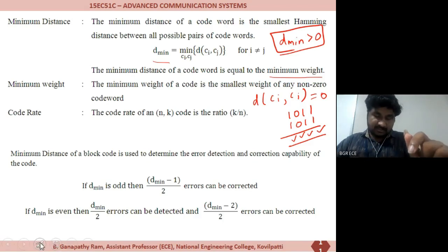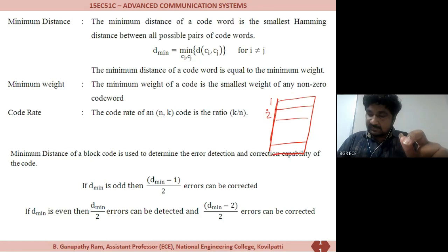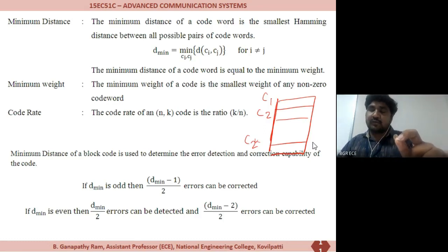So if you are having 2 power k number of code words in the code word table, and if it consists of an all 0 element, then the Hamming weight will be 0. So this should be discarded.